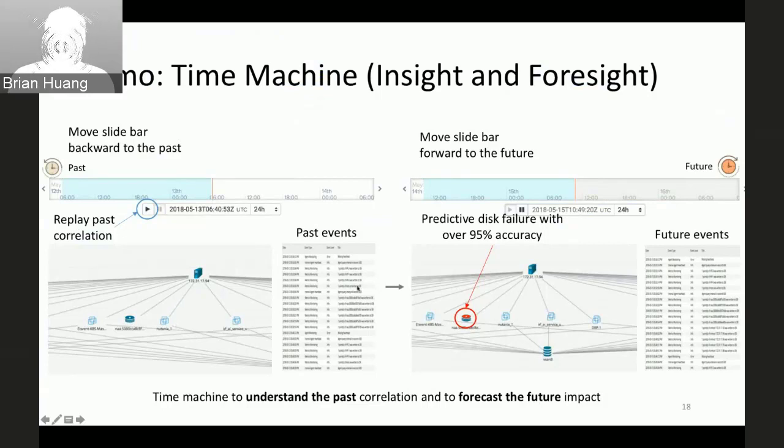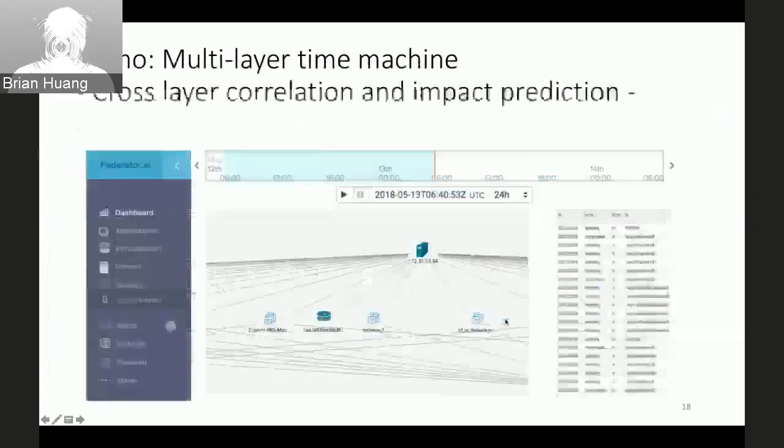And since we also provide the prediction, the time machine can also move to the future to let the IT administrator see, for example, when the disk is going to fail, how this failure might impact other virtual machines, containers or pods, such as that.